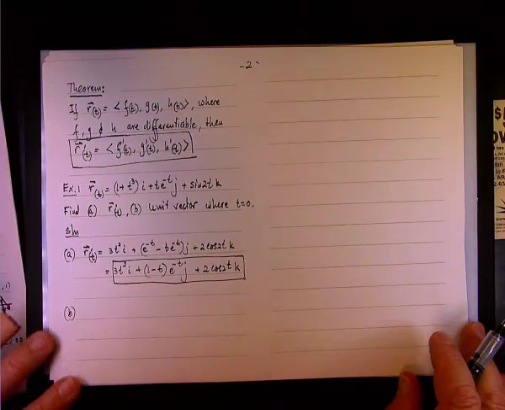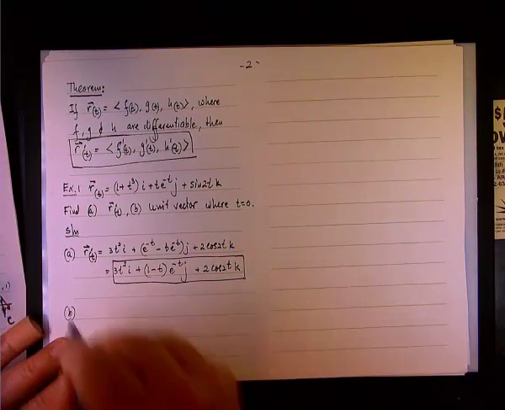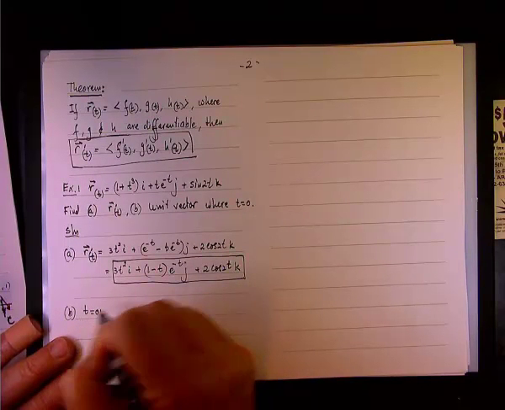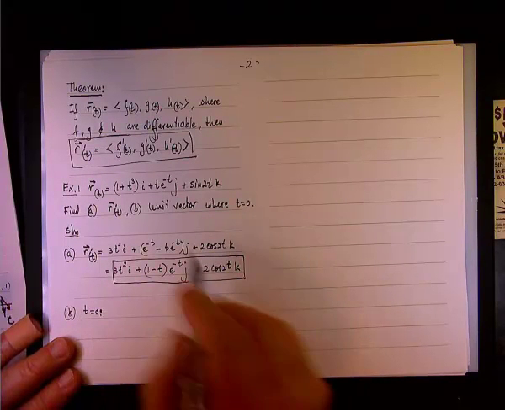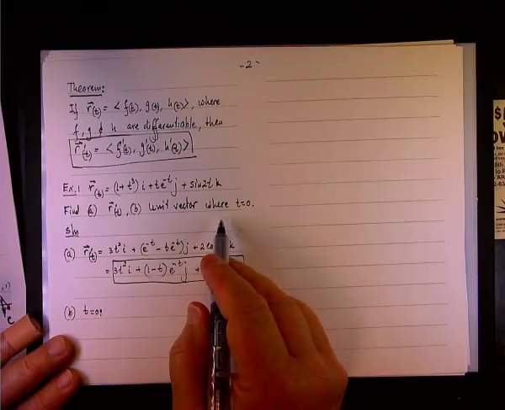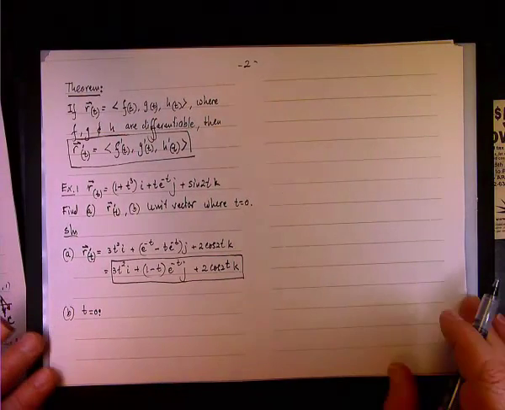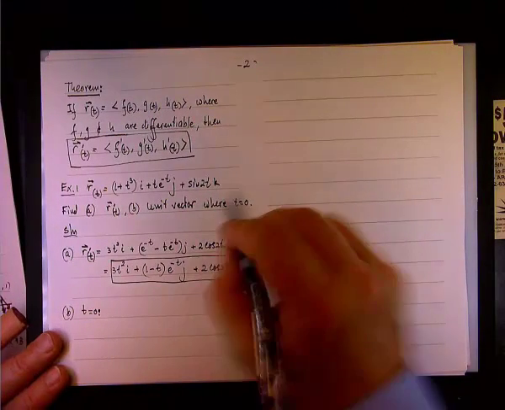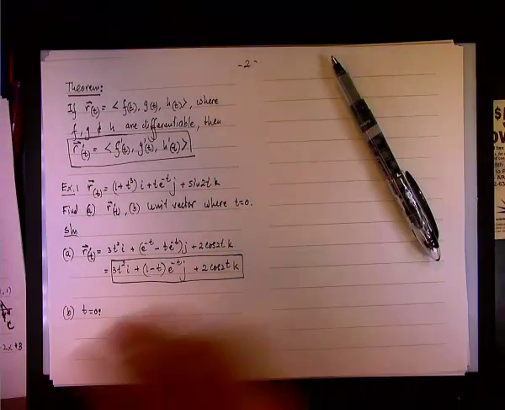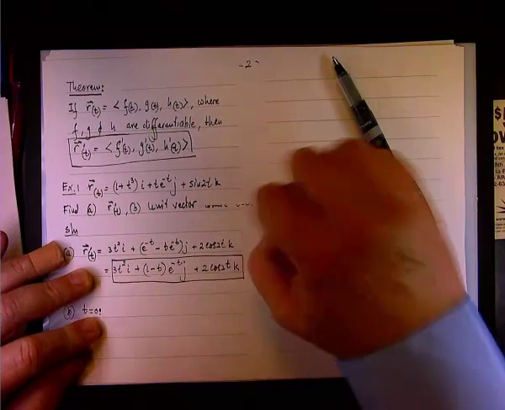As I said, nothing really to be excited about. To find the unit vector, let t equal 0. Was it the unit vector of r of t or r prime?